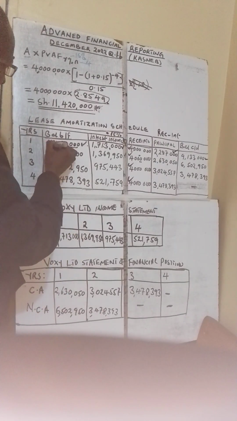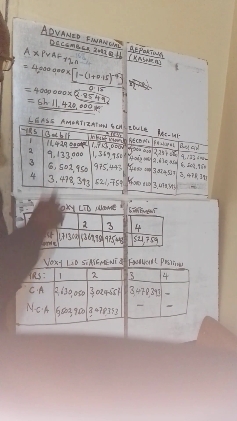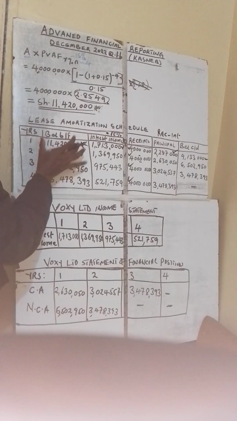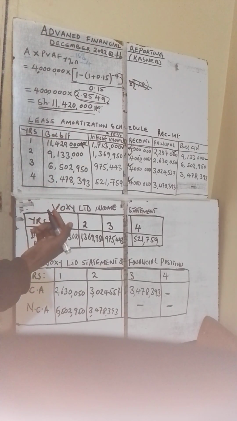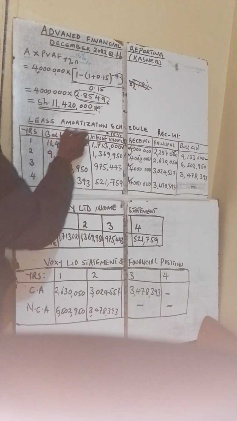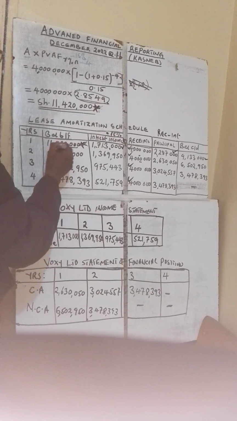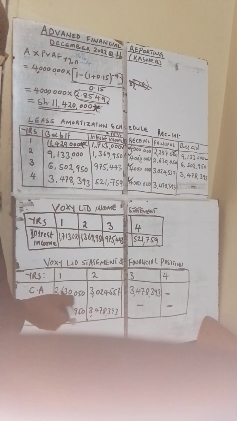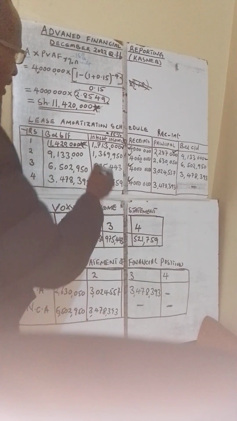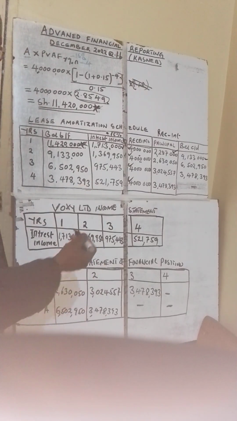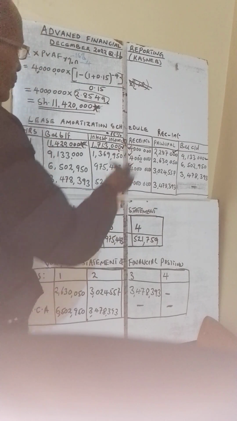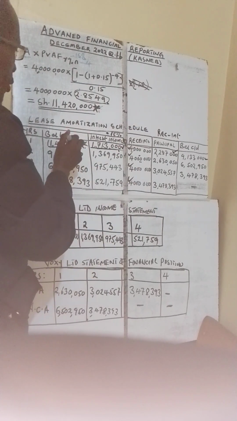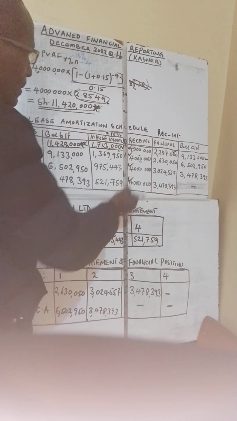I've shown you, so this is the starting point. The balance brought forward, the starting figure when preparing the lease amortization schedule, is this figure here, which you got from here. You start with it. Then interest, you take 15%, the implicit interest rate, times the opening balance, you get that.